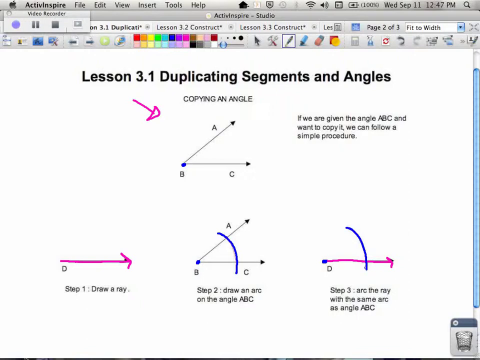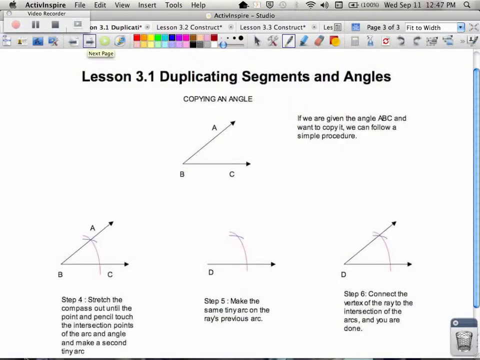So again, step one, draw a ray. Step two, go to angle ABC, place your compass point on the B, stretch out your compass 2/3 of the way to the end of the angle, make an arc, go back to your ray that you drew, put the compass point on the end of the ray, and draw that arc again, still stretched out the exact same distance.